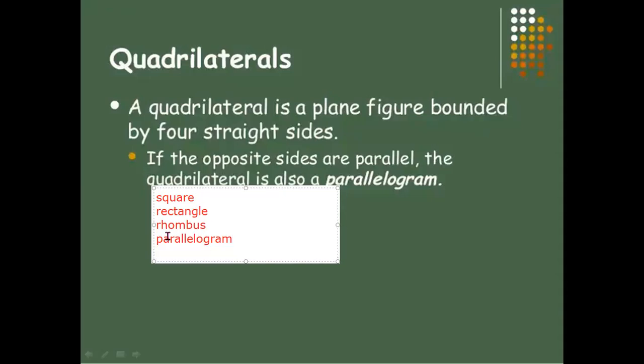What is the fifth one? Can someone tell me what is the fifth type of quadrilateral? We have four and we said we have six. Square, rectangle, rhombus, parallelogram. What about TR?